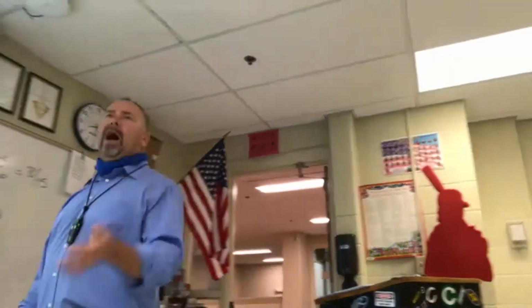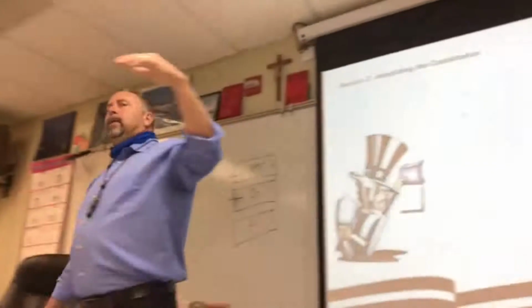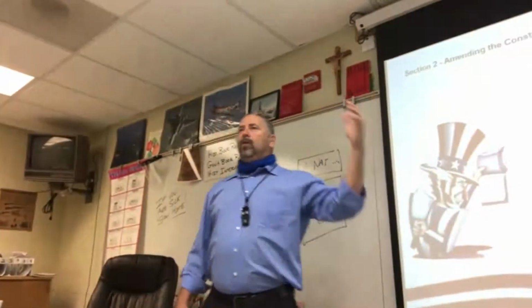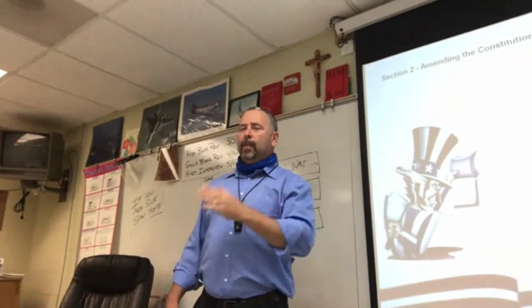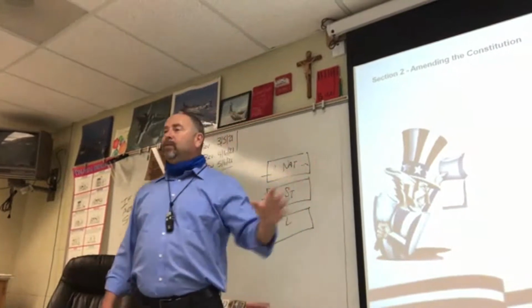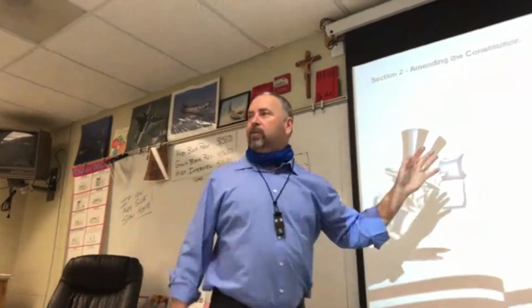All right, so this is amending the Constitution. Article 5, there are 7 articles. The first three cover the branches. Article 4 talks about the relationship between the states and the national government. Article 5 talks about amending the Constitution.